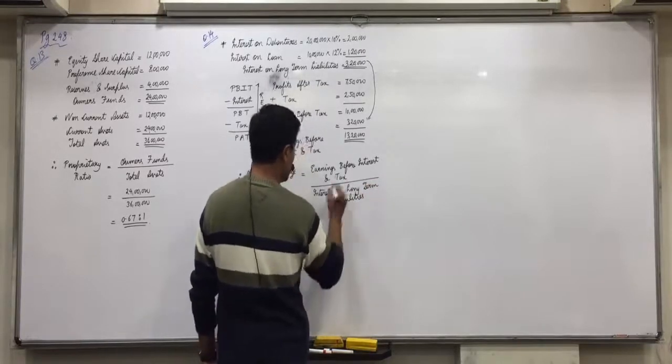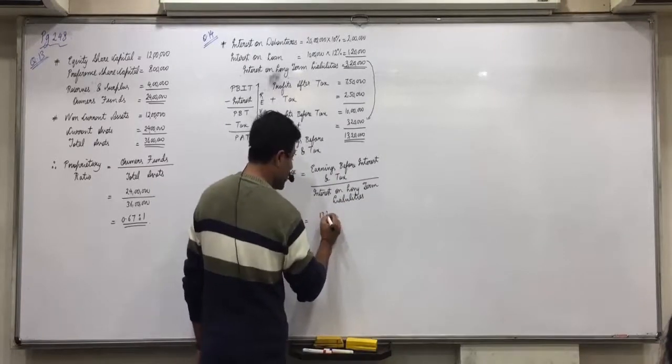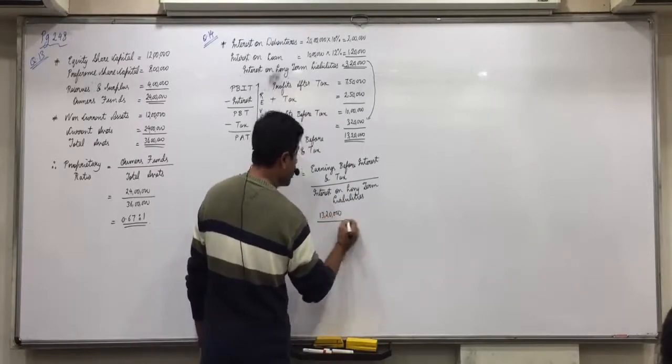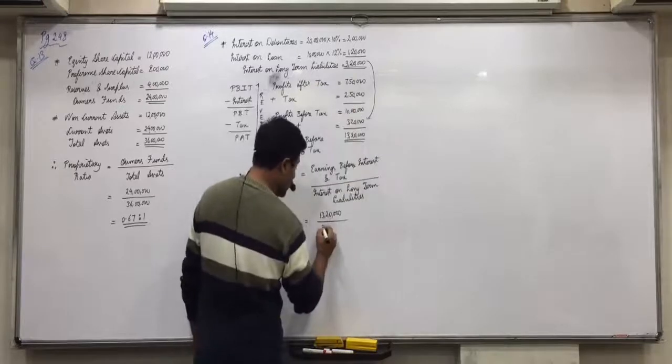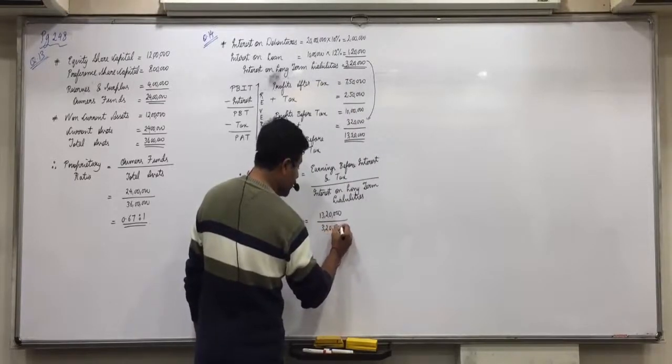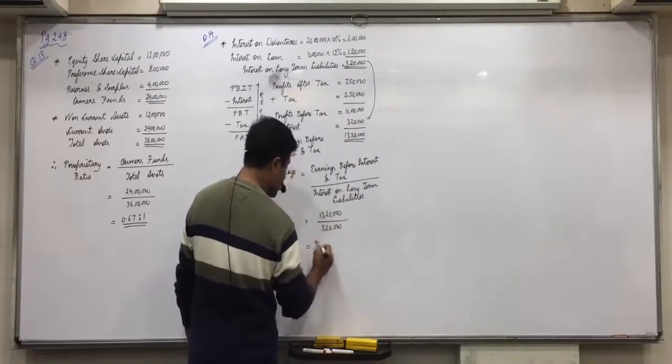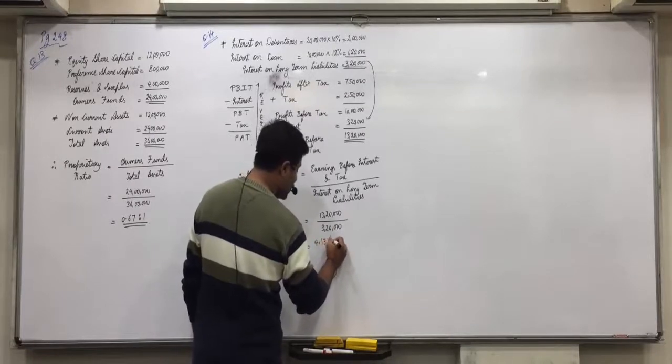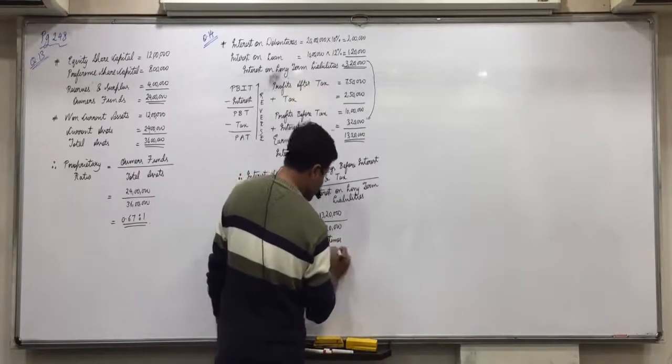So earnings before interest and tax 13,20,000 divided by interest on long-term liabilities 3,20,000, 4.13 times. Here you write times.